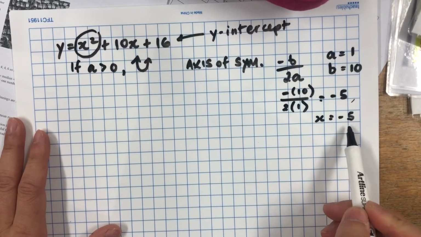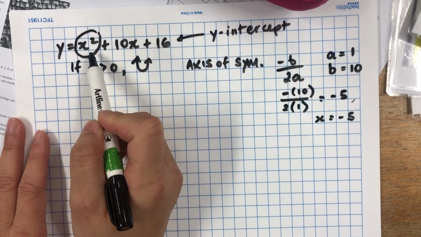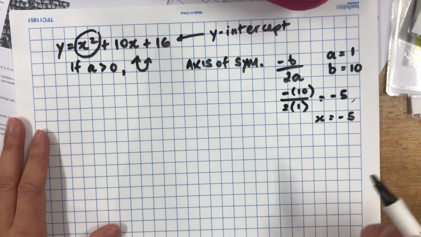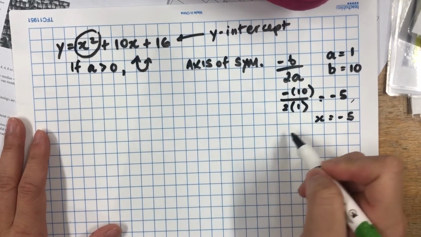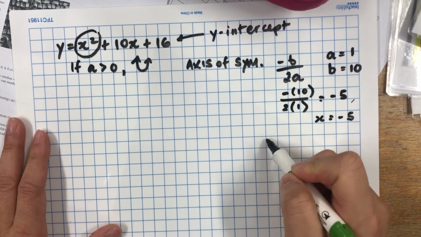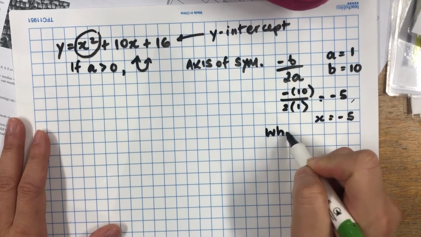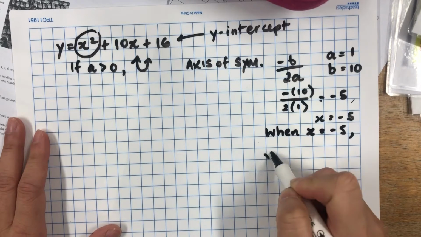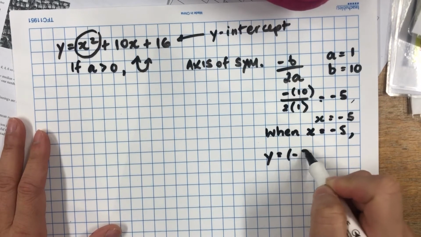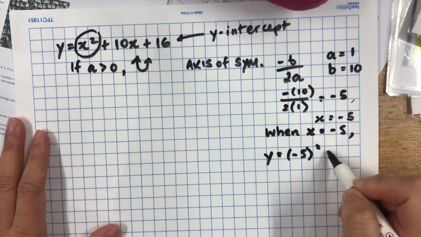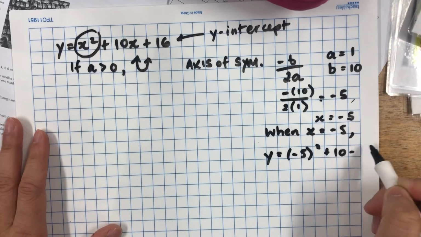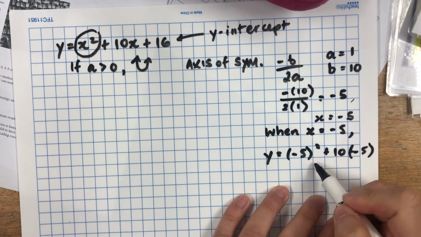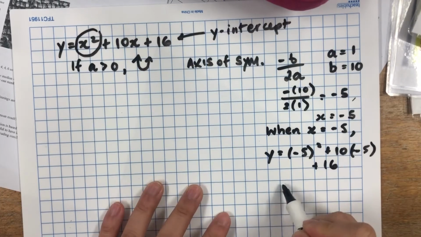I can put the minus 5 back into the equation to find out what the y position is for the middle of the parabola. So if I substituted that and said, when x equals minus 5, then you can replace again with the brackets where the x is, and then the plus the 16.